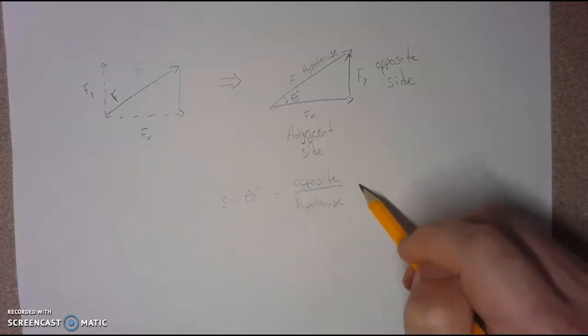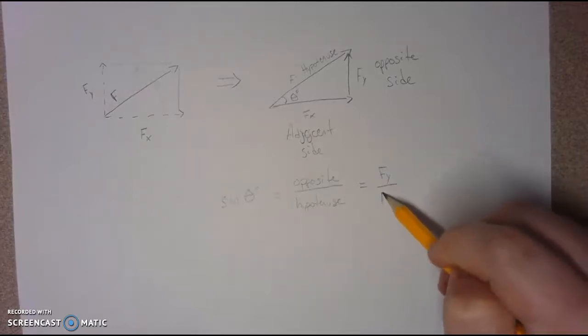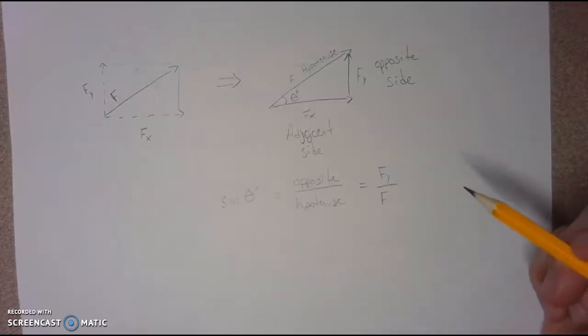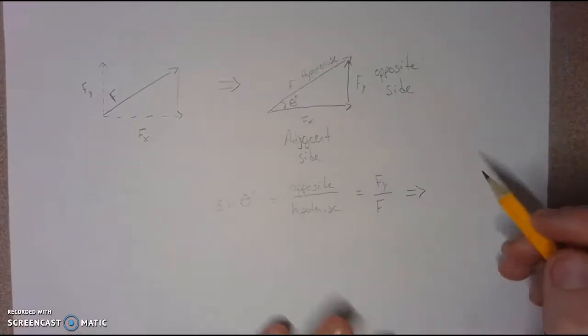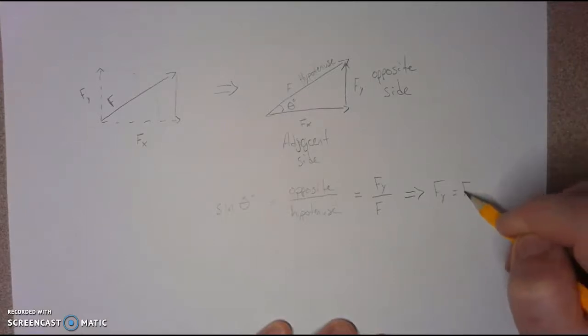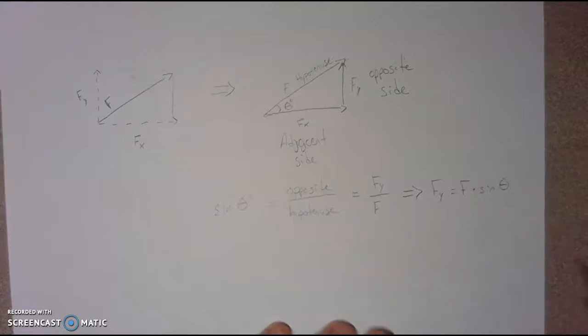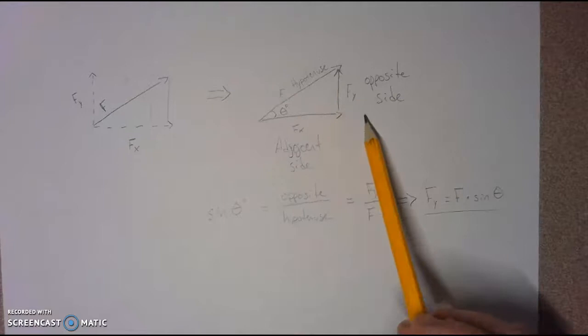So in our case, that's going to be equal to Fy over F. Then if you do some rearranging and simplification, we know that Fy is going to be equal to F times sine theta.